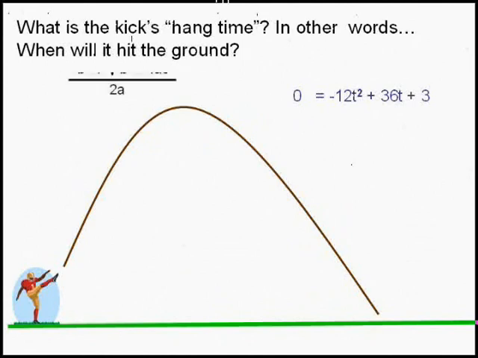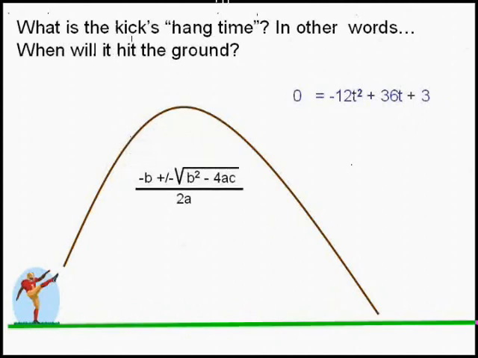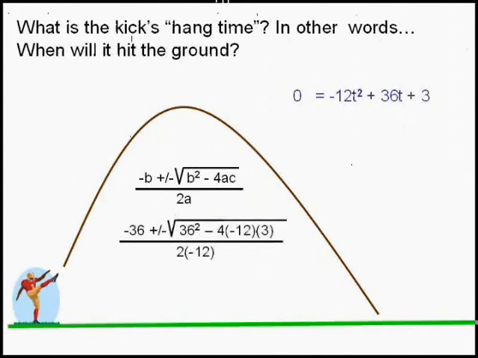But in this case, A will be negative 12, B will be 36, and C will be 3. If we plug that in and then simplify and then take the square root. Now if we add and subtract that square root, we'll still get two answers. Now this is a little bit different than the last one because we only wanted one answer, but we will still get two answers.